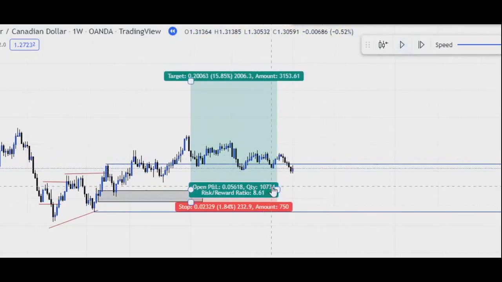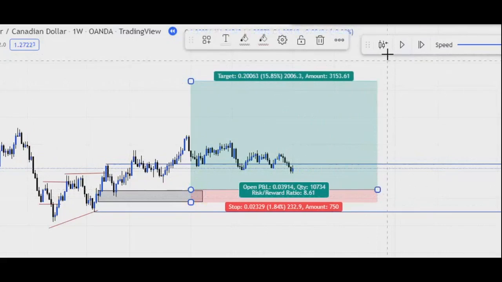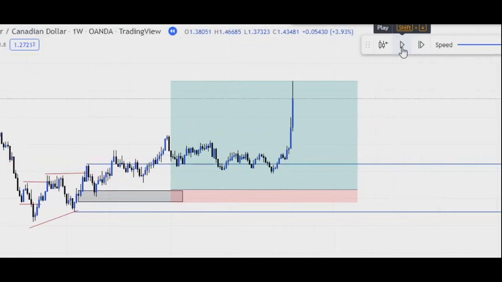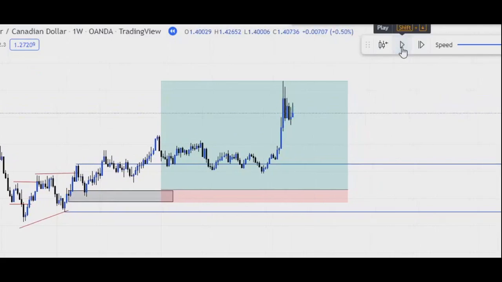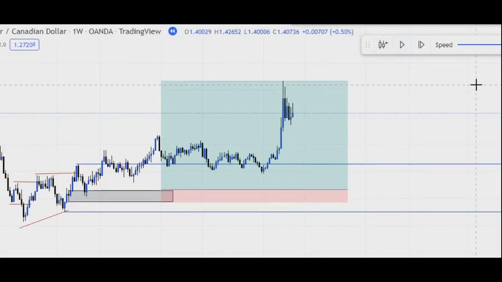Let's continue to play price and see what it will do. Now, can you see that, guys? Price has hit our take profit. Take a look. Price has hit our take profit for 1 to 8.61.